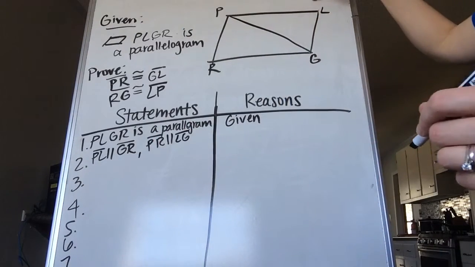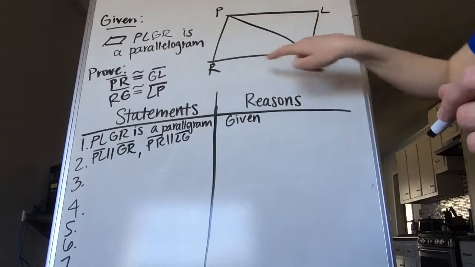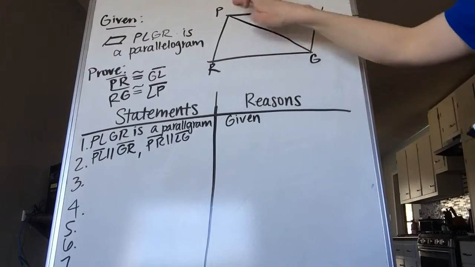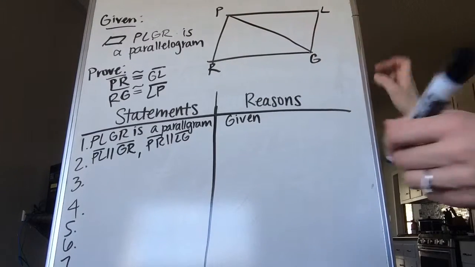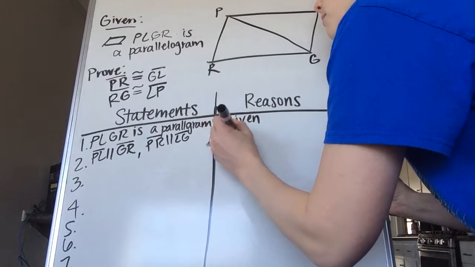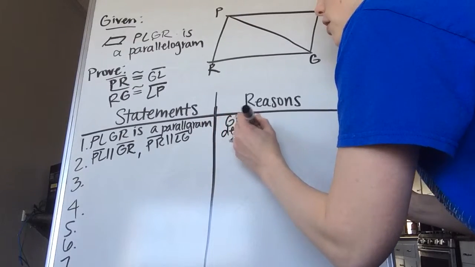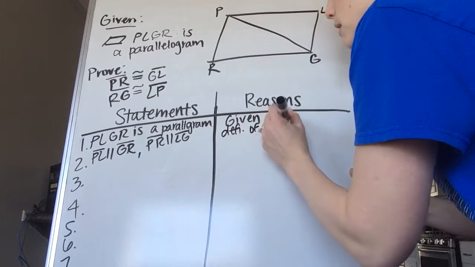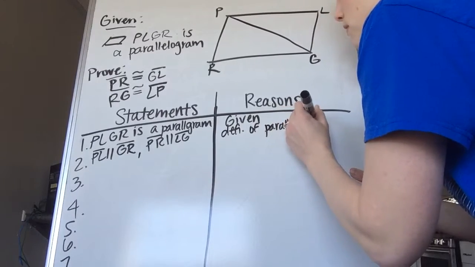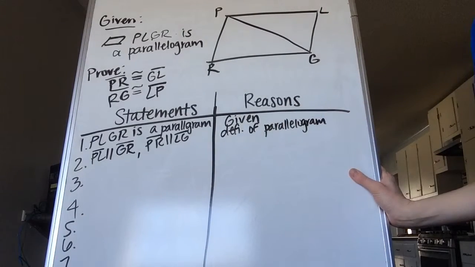And that is because that's the definition of a parallelogram. So the definition of parallelogram is our reason that we know those opposite sides are parallel to one another.